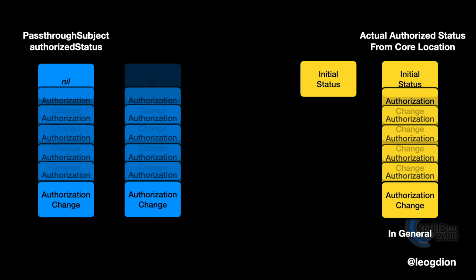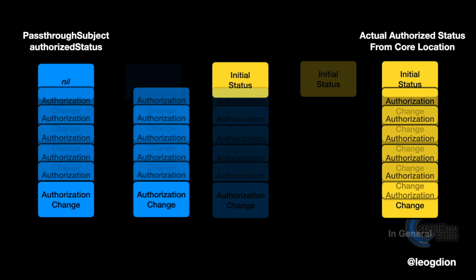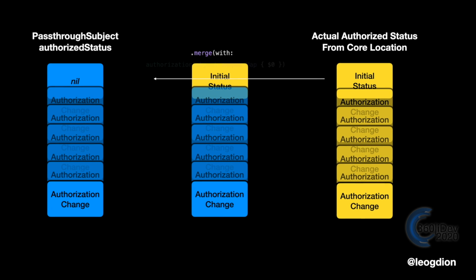So what we can do is grab the initial status from the core location manager status. We use just to create a publisher out of that one value. And then we use merge with so that every change that comes from the authorization subject is merged with the publisher created by the initial authorization status.